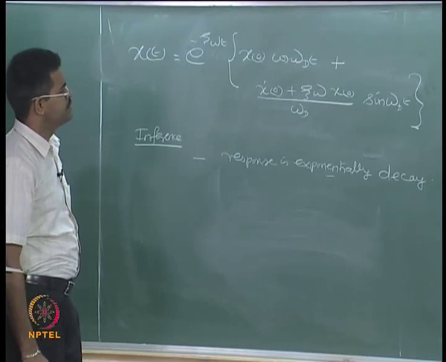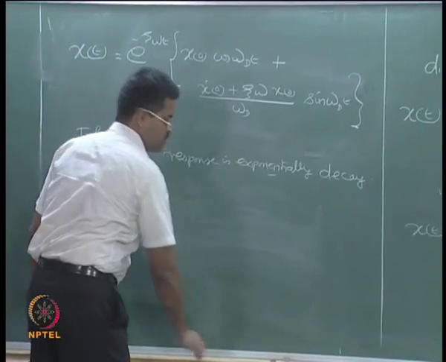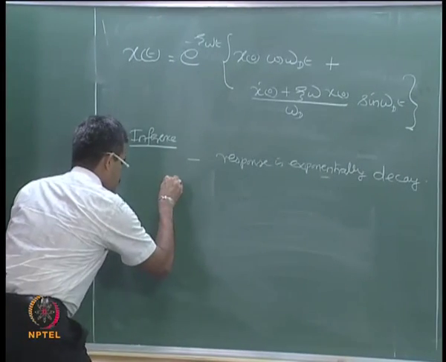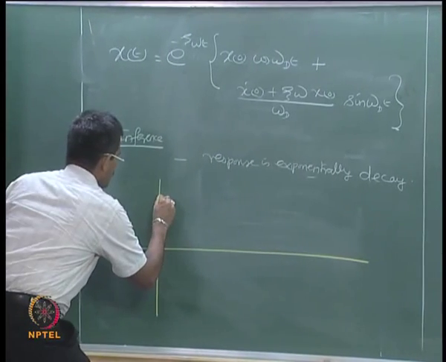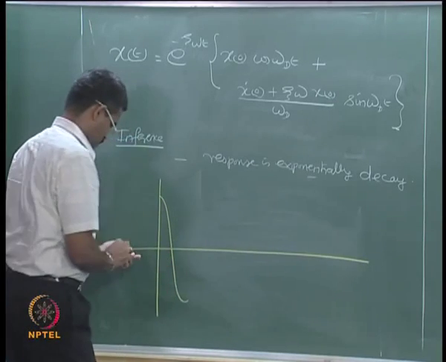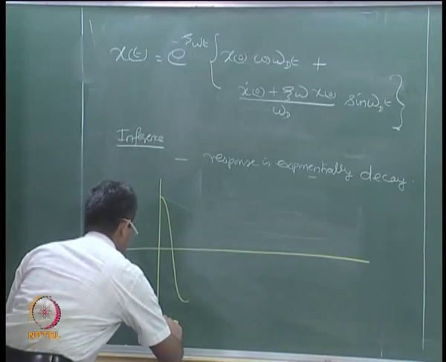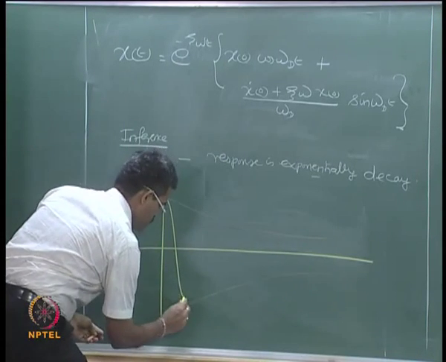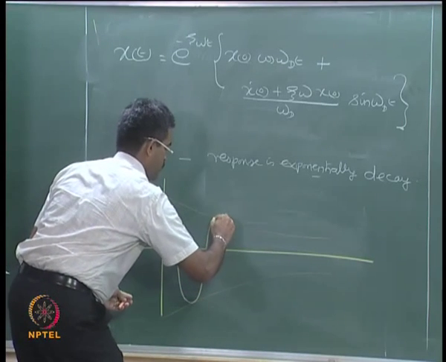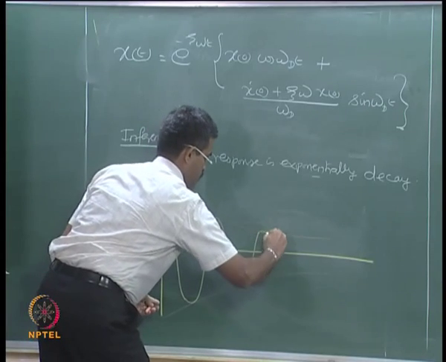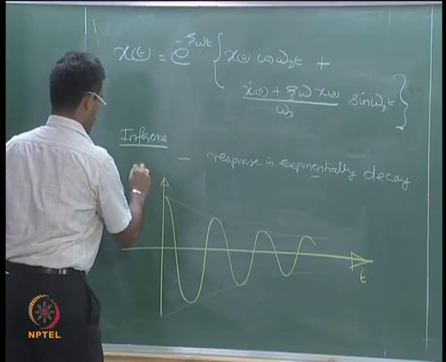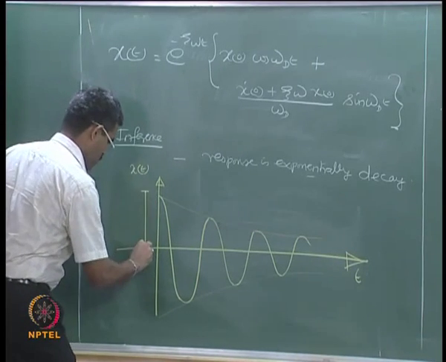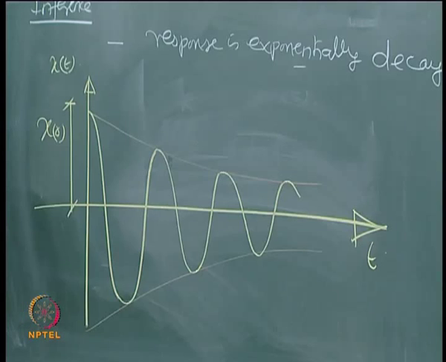So, if you try to look at the plot, this is my t, this is my x of t, and of course this value is x 0, that is the initial displacement I have.